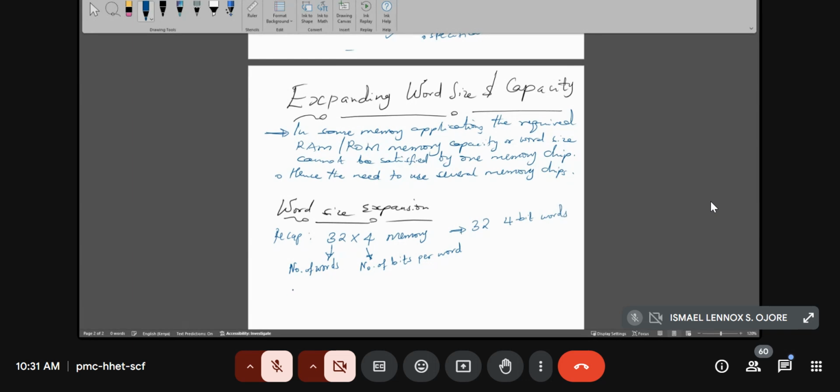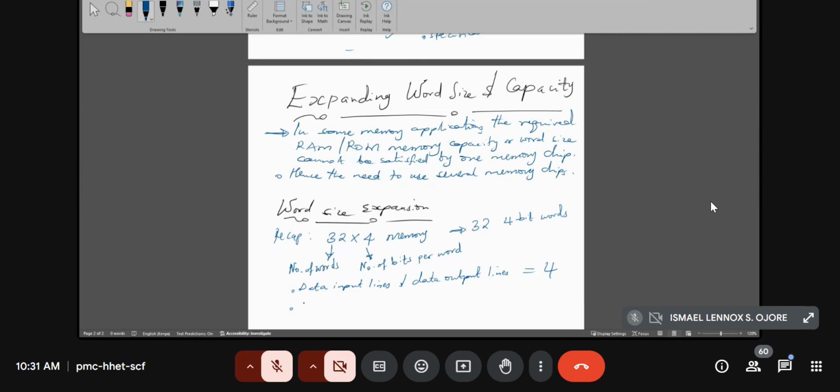And we also say that in this case, the number of data input lines and data output lines would be 4, because the word size is 4 bits.